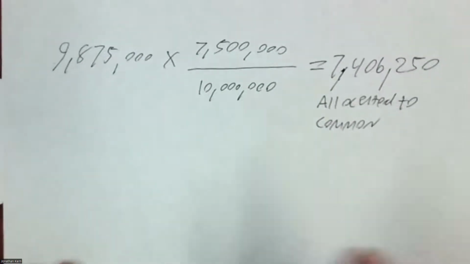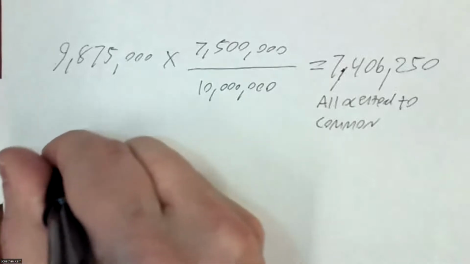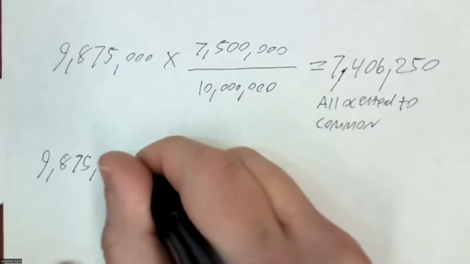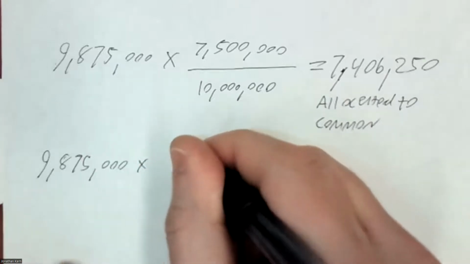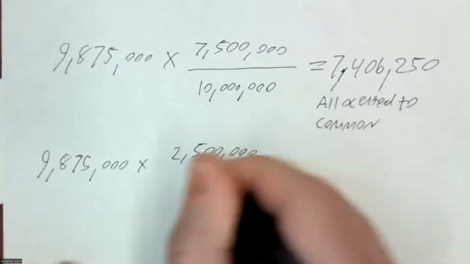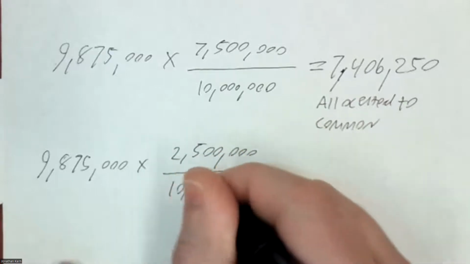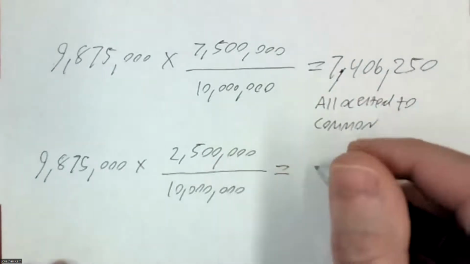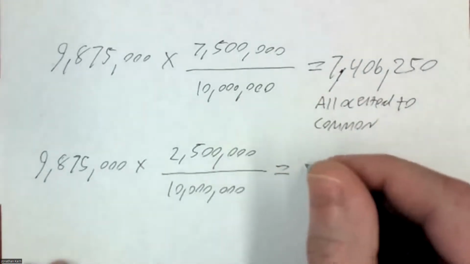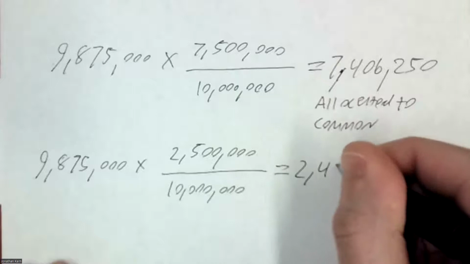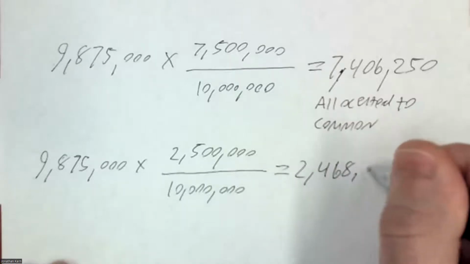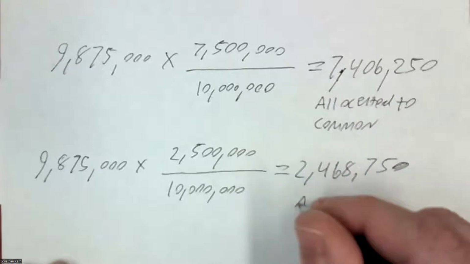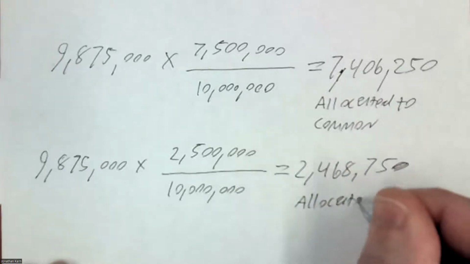Then we'll do the same process for the preferred, and this will be what is allocated to the preferred.